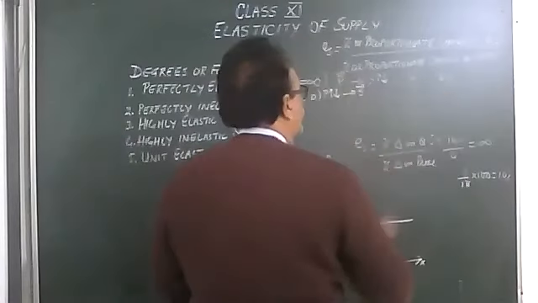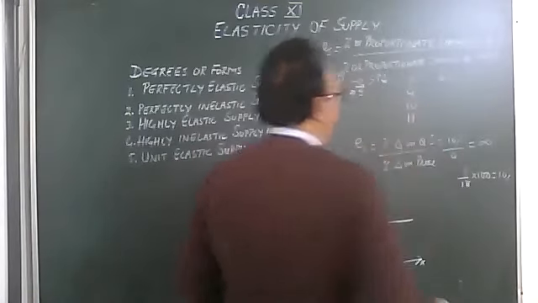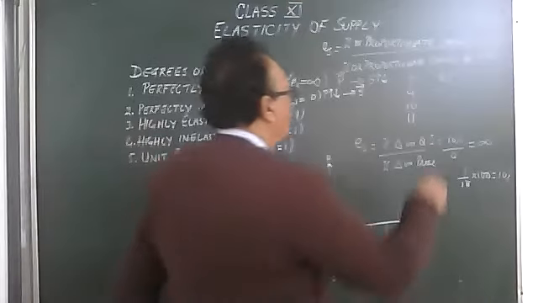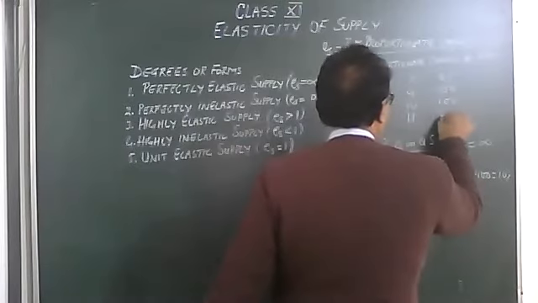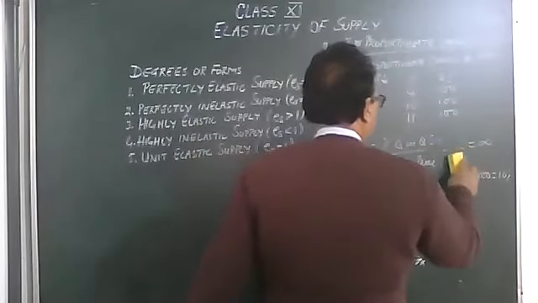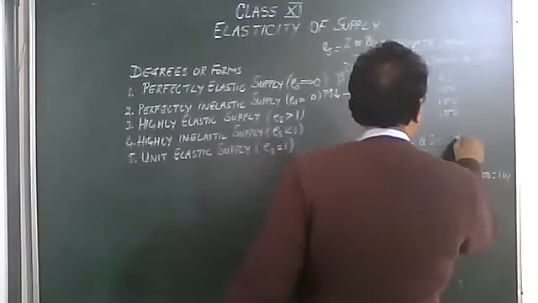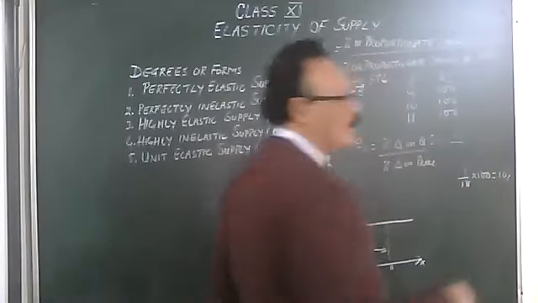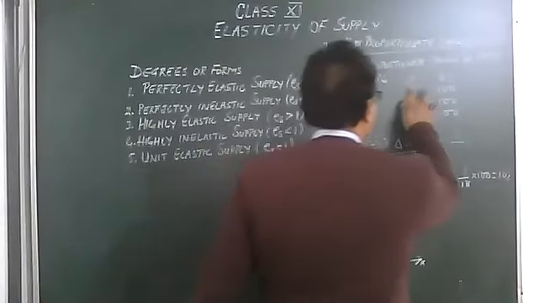Let us see this: 9, 10, 11. The price may rise or fall, but the quantity will remain the same, as 700 units. So here it will be 0 upon the change in price.